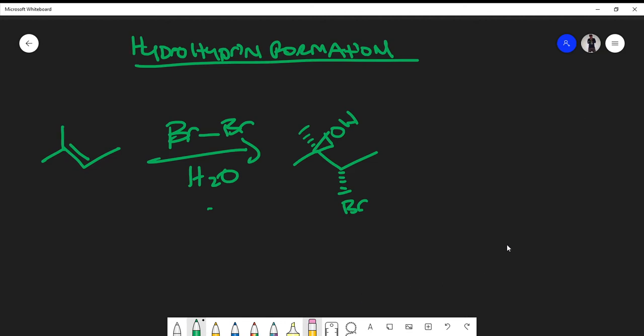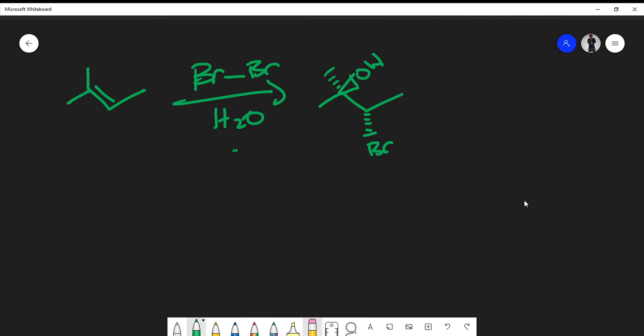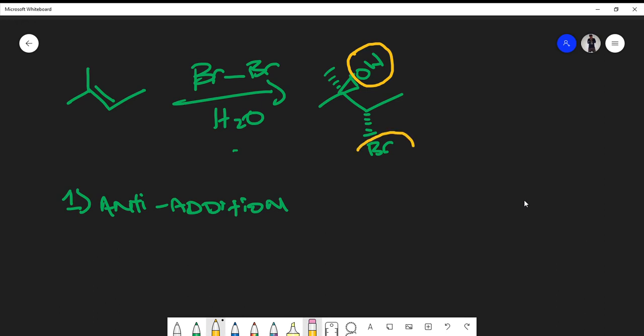Now we're going to talk about the mechanism and what's the gist behind this reaction. The first rule that this reaction follows is that we have anti-addition. The gist of the reaction is that I'm going to add a hydroxyl group, hence hydro, and I'm going to add a halogen.